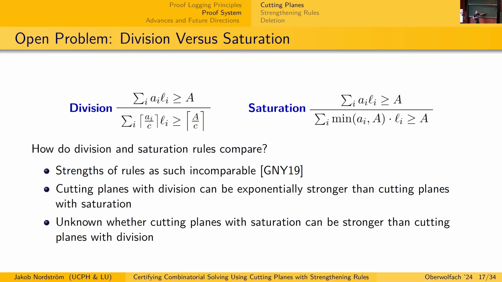Cutting planes with saturation is just not able to get this.